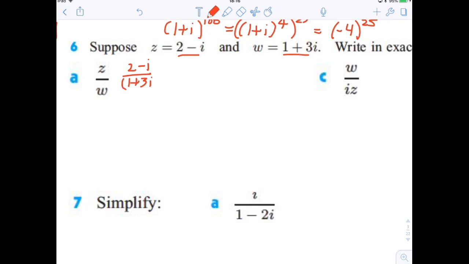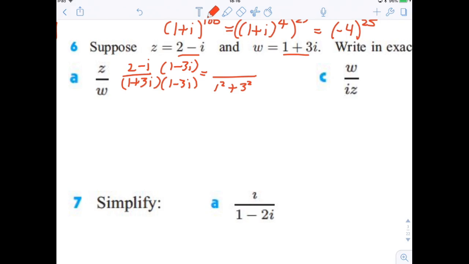And I do that by multiplying by the complex conjugate. So on the bottom, I'm going to have 1 squared. The outside and inside terms cancel out. And then -3i times 3i gives me -9 i squared, with i squared being -1. So it's 1 squared plus 3 squared, which ends up being 10.